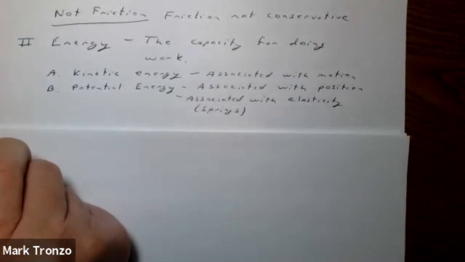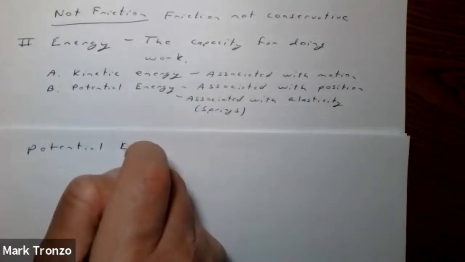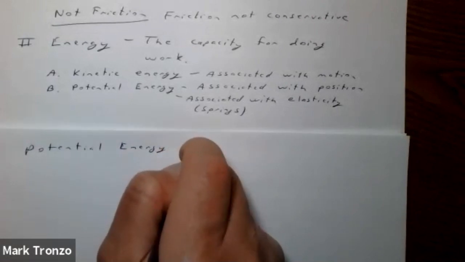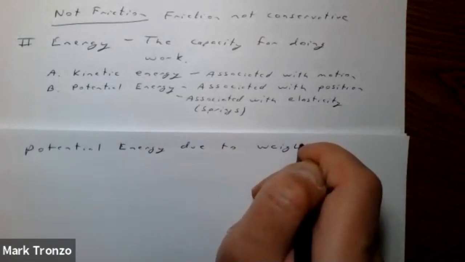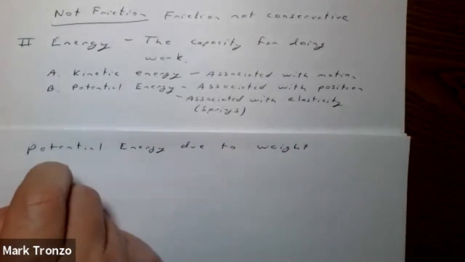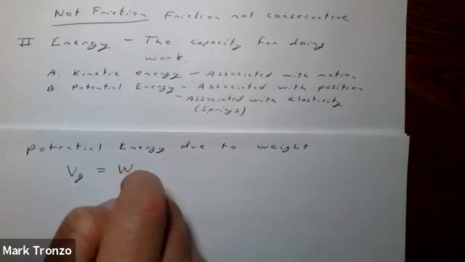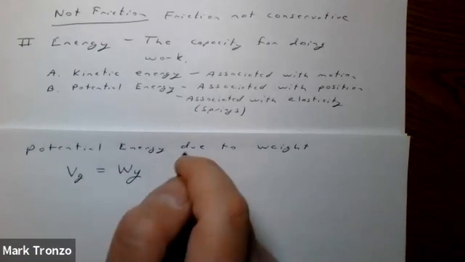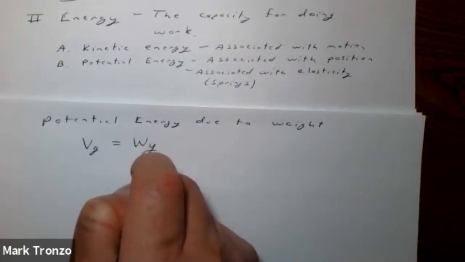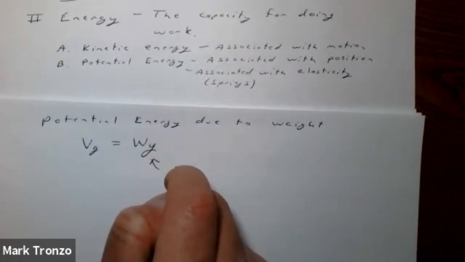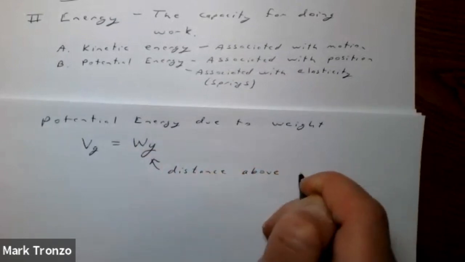So potential energy, Vg equals Wy. Now this time it's similar to what we had in the last section, except this time, y is the distance above or below a datum line.